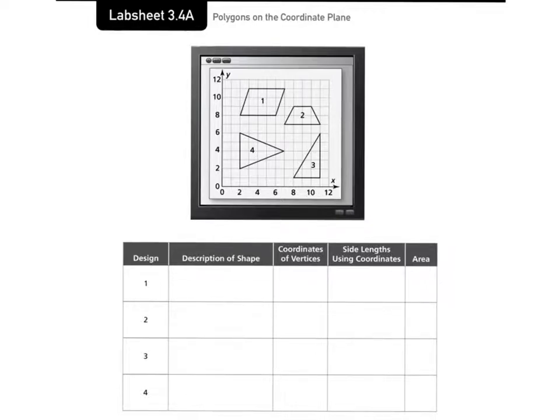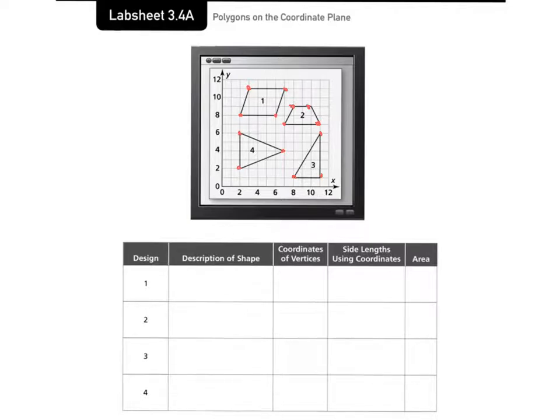Then you need to put the coordinates of each of the vertices. So you need to put the coordinates of each one, which I'm marking up there. You're going to have 4 for those shapes, and 3 for these shapes. Then you're going to look at side lengths where you can.